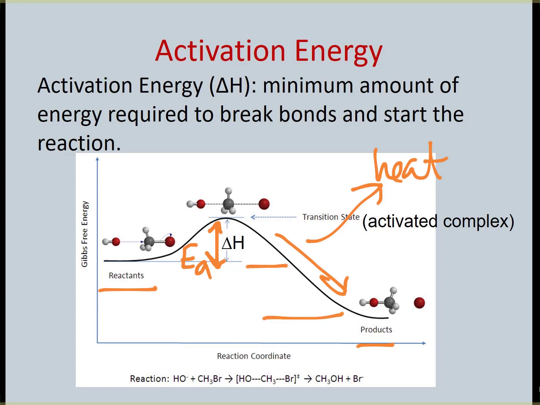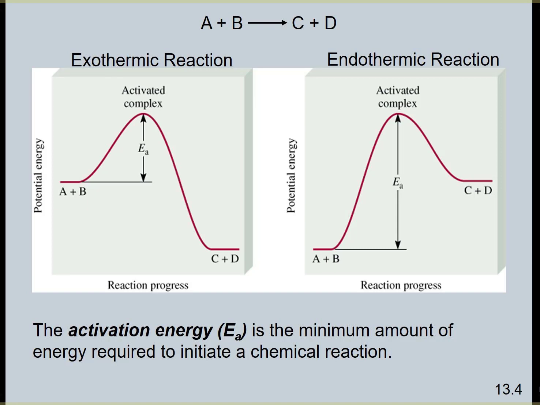So this change in reactants to products, this is called the enthalpy, which we will talk about in a later unit. Again, when reactants over here are higher potential energy than products, this is an exothermic reaction, so you'll have energy leave in the form of heat.